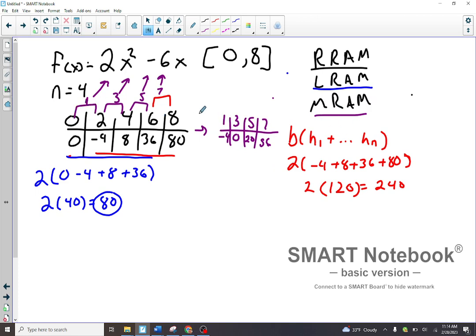So we got to make sure we get those. But then afterwards, it's just the same thing. We're just using these 4 numbers. Negative 4 plus 0 plus 20 plus 56. So 16 plus 56 is 72. 72 times 2 is 144.